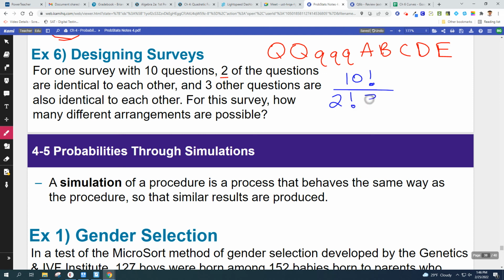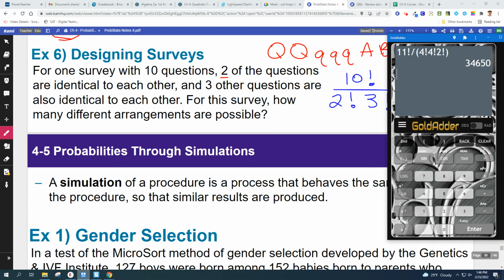And since there are 3 identical, I'm going to divide by 3 factorial. 10 factorial over 2 factorial, 3 factorial. Again, when you do this division, your calculator is most likely going to need parentheses around that denominator. 2 factorial, 3 factorial, close it. 302,400.